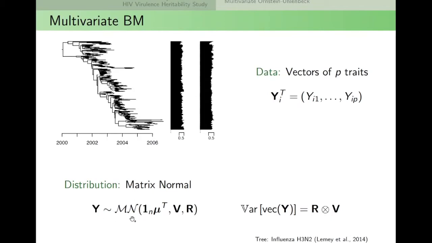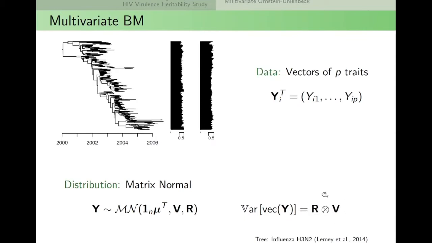This matrix normal just means that if you take the vectorized version of the matrix Y, so you take all the columns and stack them on top of each other, then the variance of this vector is just a Kronecker product between R and V.